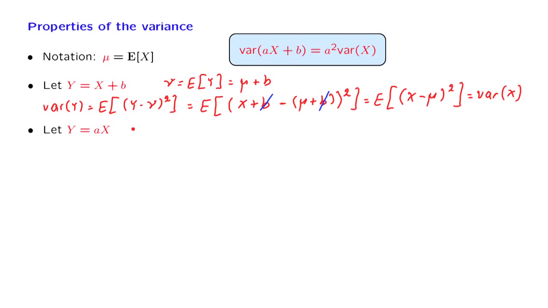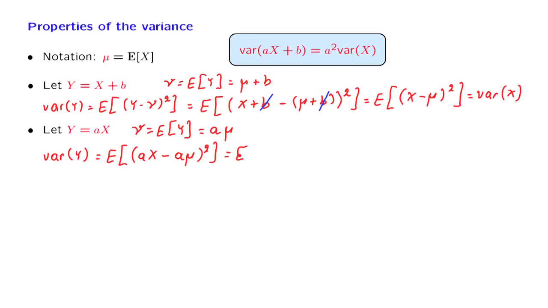Let us now see what happens if we multiply a random variable by a constant. Let again nu be the expected value of y. And so in this case, by linearity, this is equal to a times the expected value of x, so it is a times mu. We calculate the variance once more using the definition and substituting in the place of y what y is in this case, it's ax, and subtracting the mean of y, which is a mu squared.